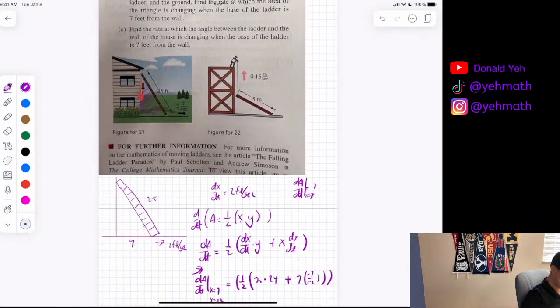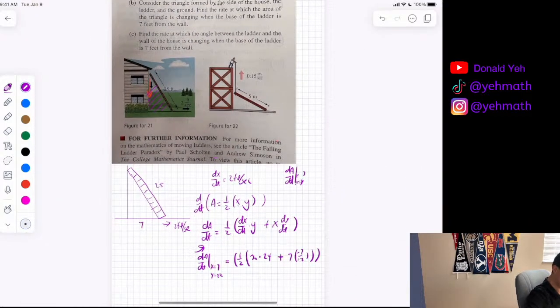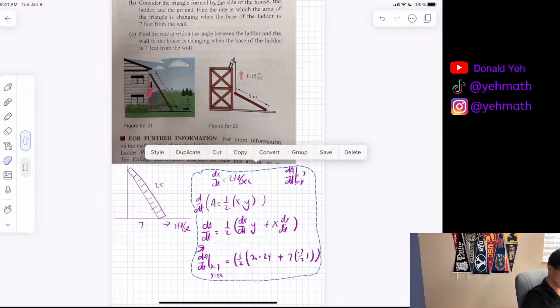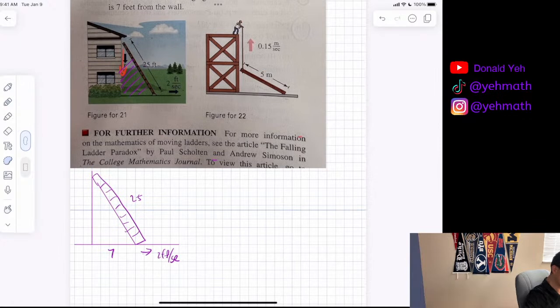So let's redraw this. I'm going to erase this part because I don't need it anymore. If you need it, just take a picture of that. That's fine. So this is the angle they are interested in, and they want to find how fast the angle is changing. The angle is going to get bigger as the ladder slides down, so it's positive.